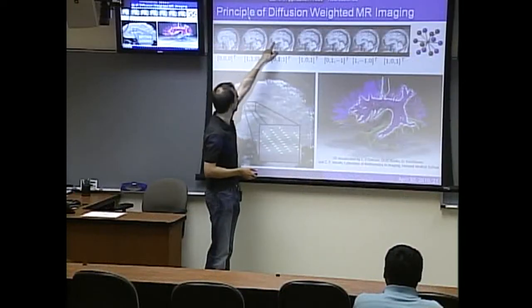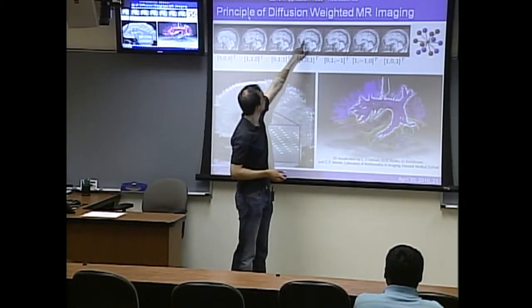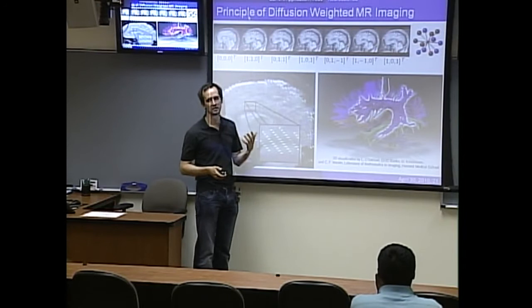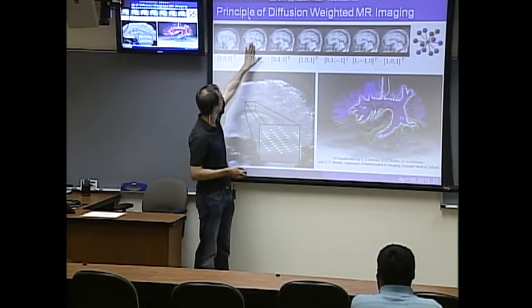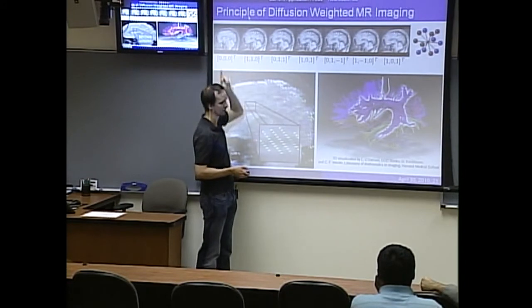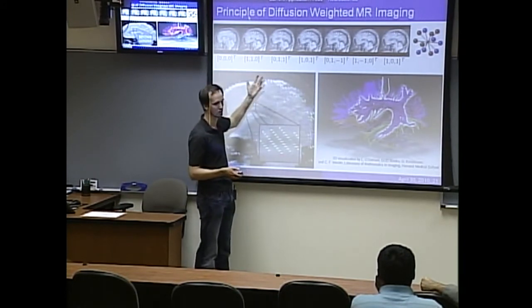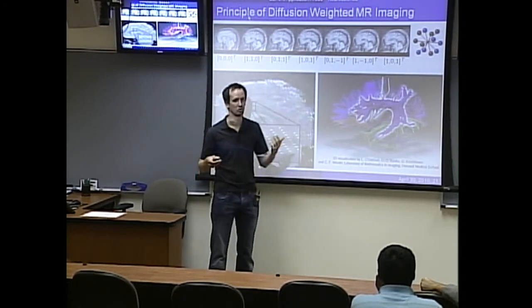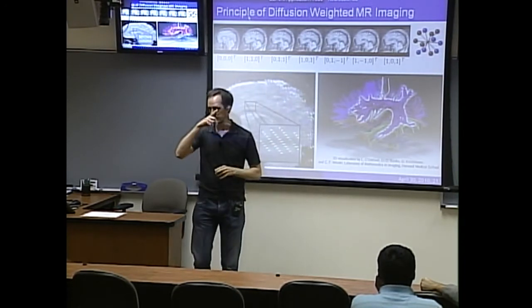So this part here is the corpus callosum. In some of these images, it's dark, and in some of these images, it's bright. If it's bright, it means the direction that you probed here did not have a lot of diffusion. So probably this was in this direction, up to down, because there's not a lot of diffusion in the corpus. And in other directions where it's dark, it means it diffused a lot in this direction, so probably from left to right.